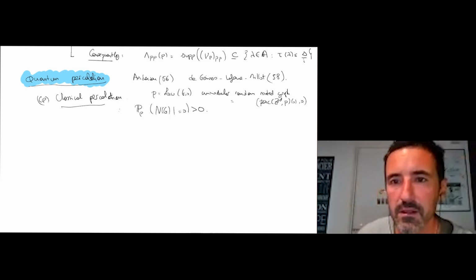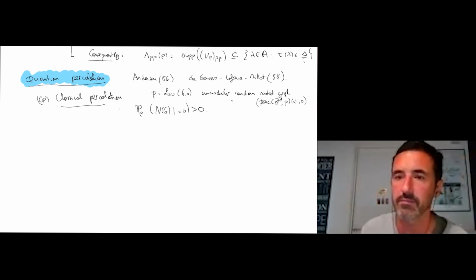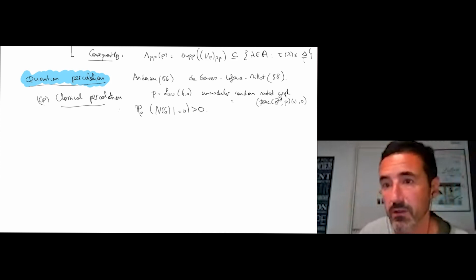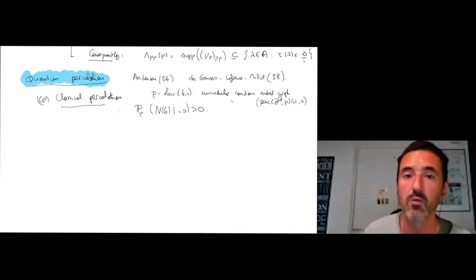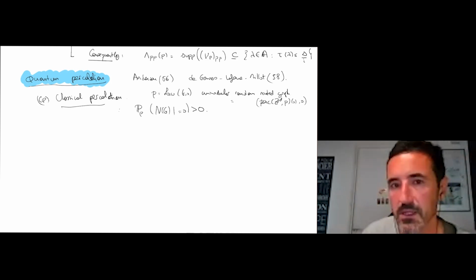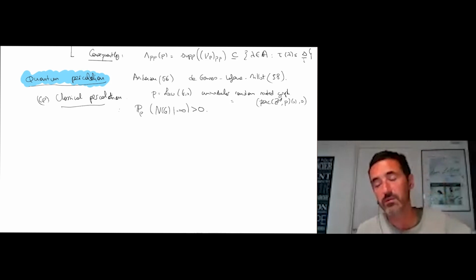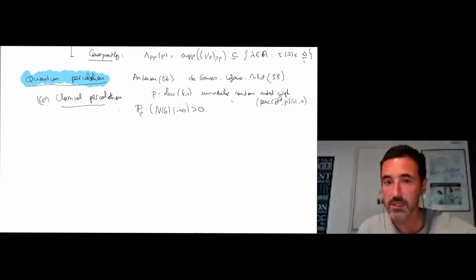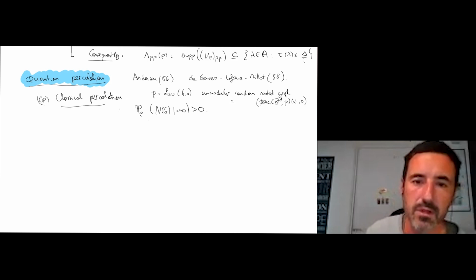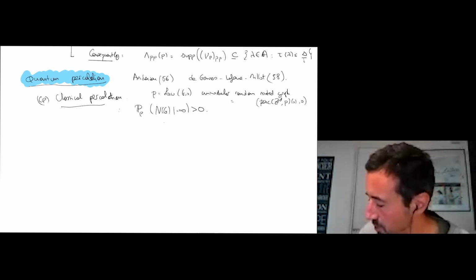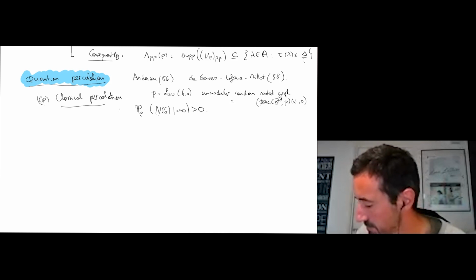This defines a unimodular random rooted graph. The percolation question, depending on the value of p, is whether or not with positive probability the connected component of the root is infinite. I put 0 here, but I should put infinity. So I've rewritten this question in terms of our framework of unimodular rooted graphs.